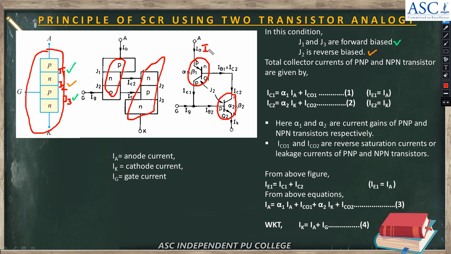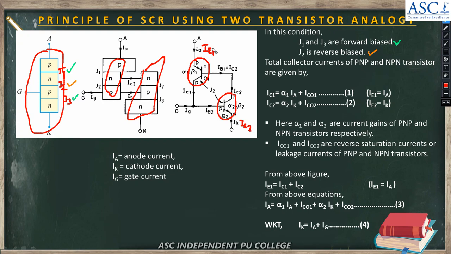Emitter current of PNP transistor is nothing but anode current. Emitter current of NPN transistor, we call it as cathode current. So I will mention it as IE1, and this as IE2.